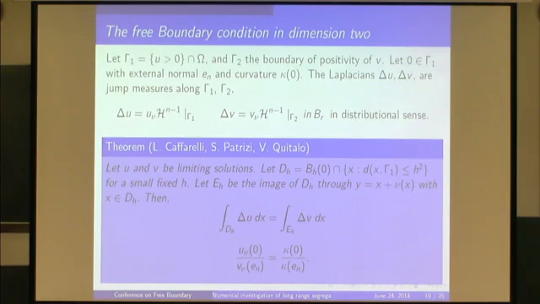So Caffarelli showed that for the limiting u and v, if we let dH be a strip around gamma 1 intersected with the ball, and if we map this strip with the normal at each point and obtain the new surface EH, then we have the Laplacian over dH, and h is very small, equal to the Laplacian over EH.